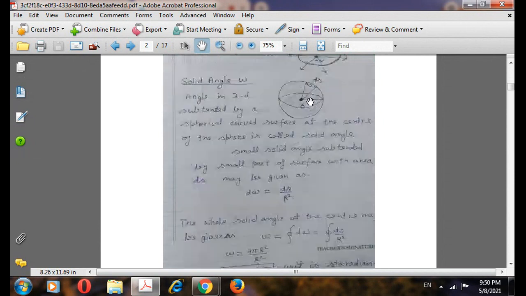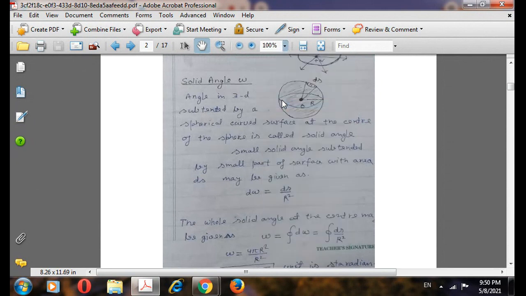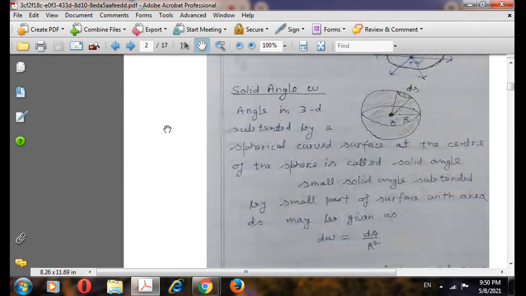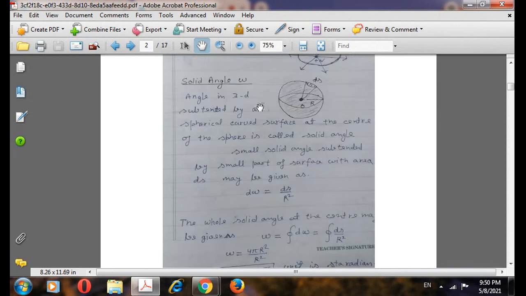Now the next concept is solid angle. You know very well about the plane angle. What happens in a plane angle? In a plane angle, we take the length of arc upon radius. In a similar way, solid angle is actually a three-dimensional angle.